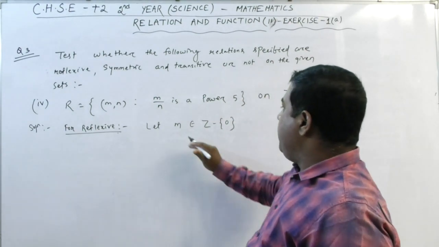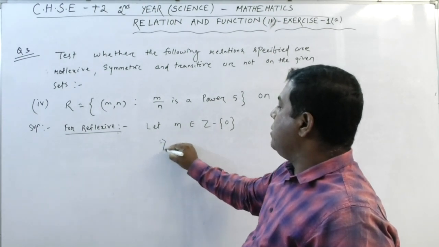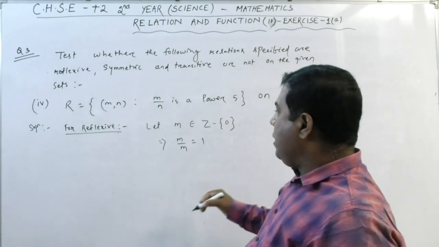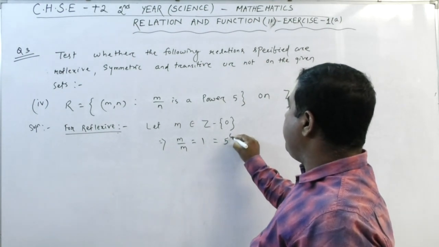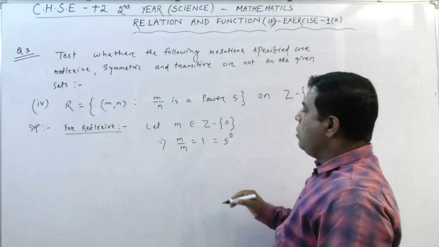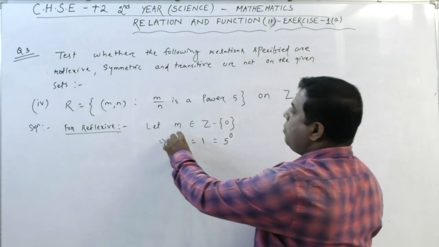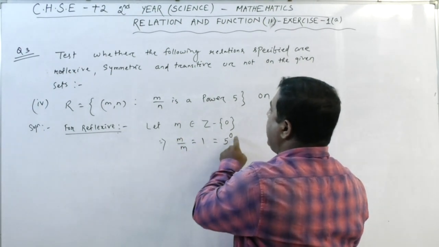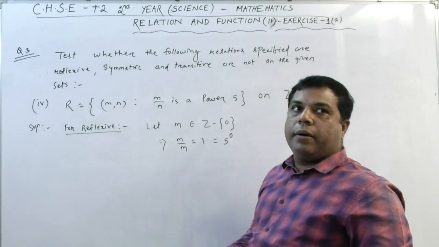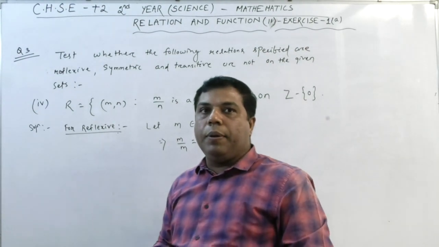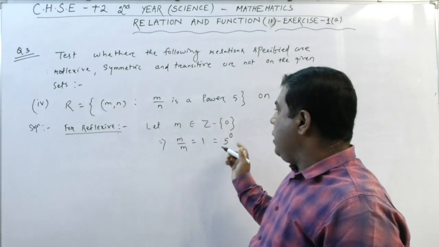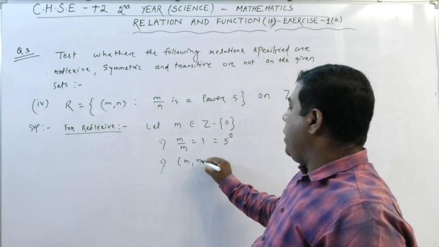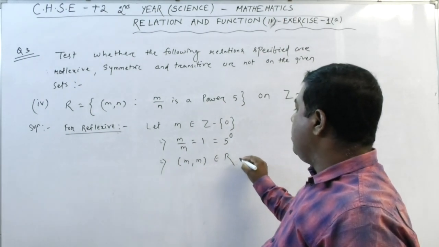So if m is belonging there, that implies m by m is equal to 1. Can I say it is equal to 5 to the power 0? Yes or no? So we are able to express the ratio m by m as 5 to the power 0, for every non-zero integer. So the ordered pair (m, m) is belonging to R. Why?